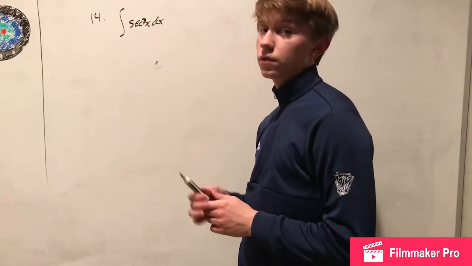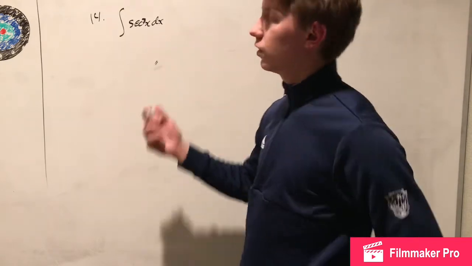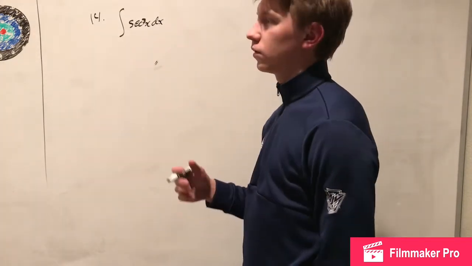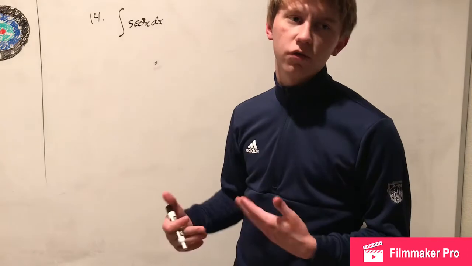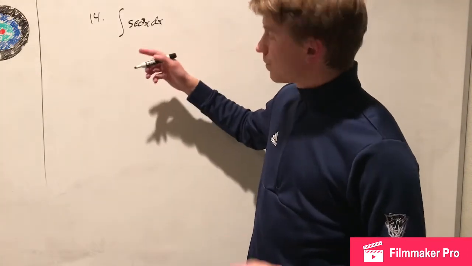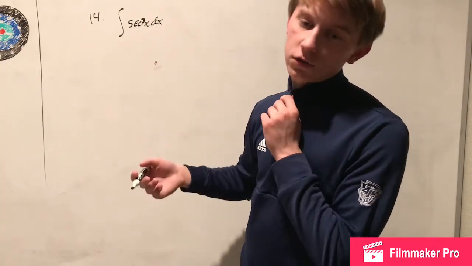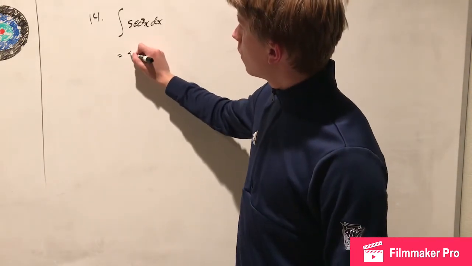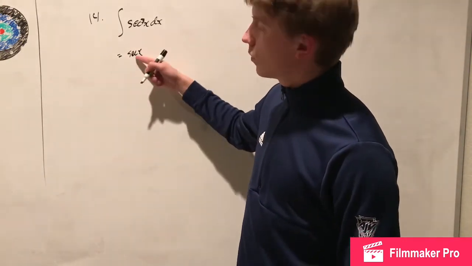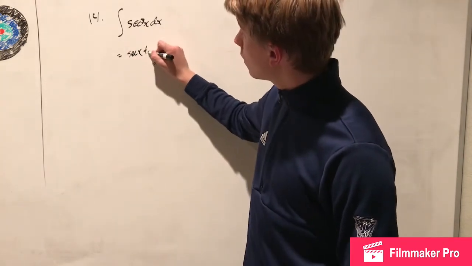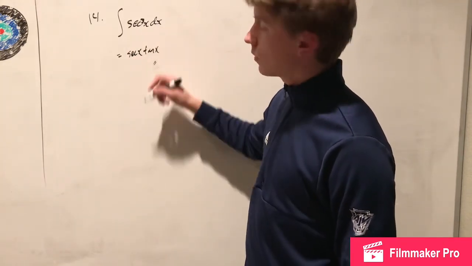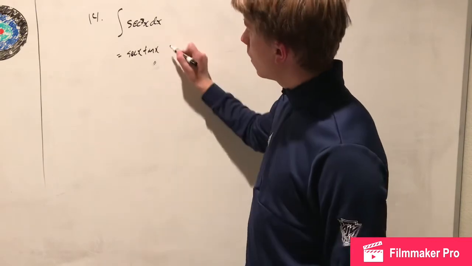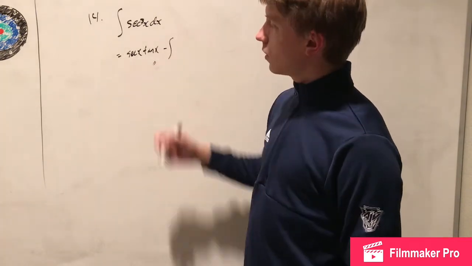Okay, so now this was the fun problem. This you definitely want to do by parts, because you can tinker with trig identities, but you never get to anything. So parts are secant and secant squared. Obviously we want to integrate secant squared, so we end up with secant x, which is our secant to the first, times tangent x, because the integral of secant squared is tangent. Subtract, then we can differentiate the secant.